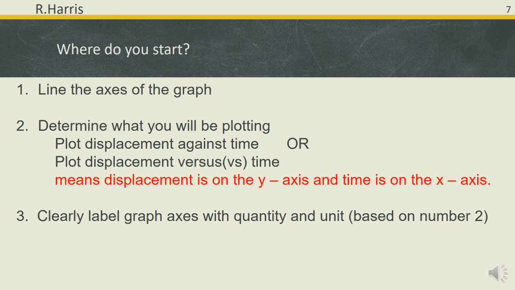So after we have lined our graphs and determined what we're going to plot, then we label the axes with the right quantity and unit. But just in case you happen to forget what a quantity and a unit is, one example of a quantity is mass, where mass has a quantity symbol of m.